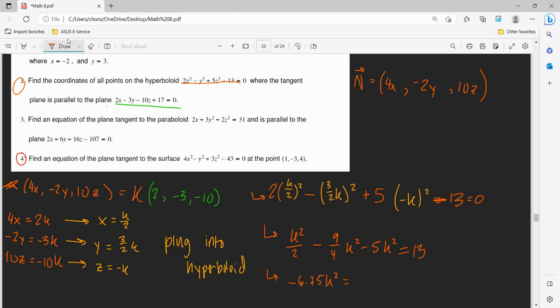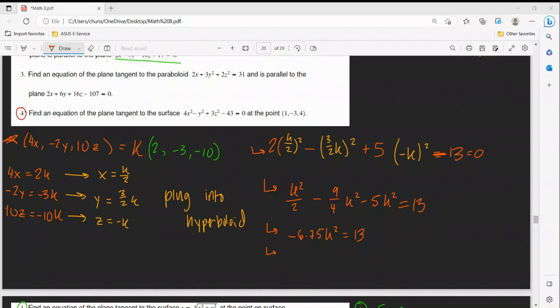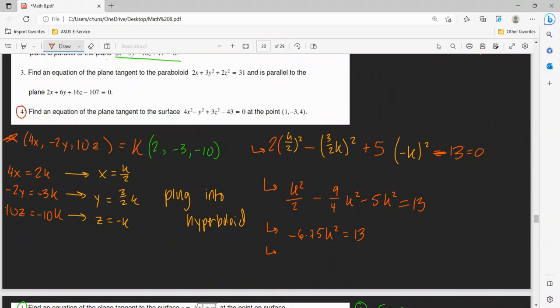So negative 6.75 k squared equals 13. I'm going to put this in fraction form to make it easier. So this is negative 27 over 4 k squared.